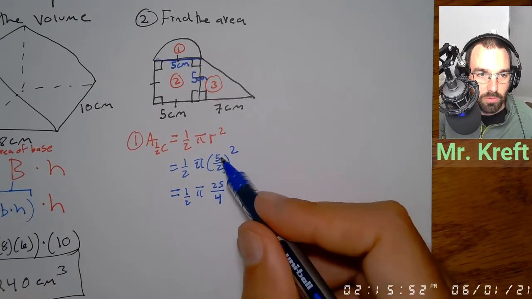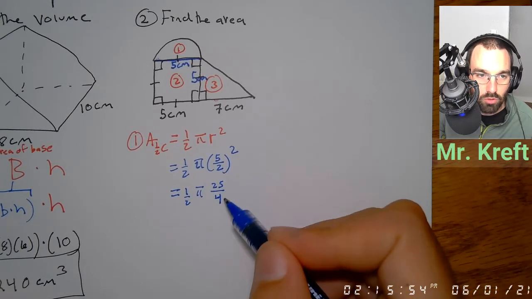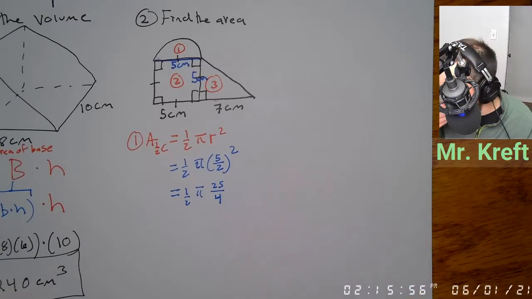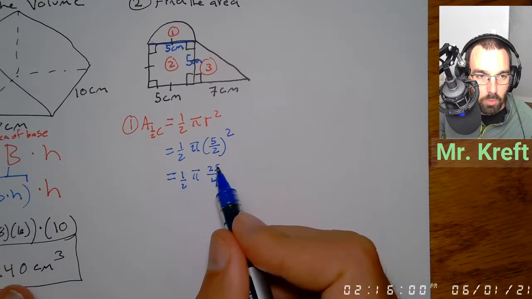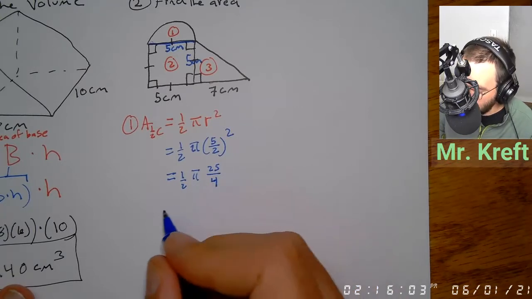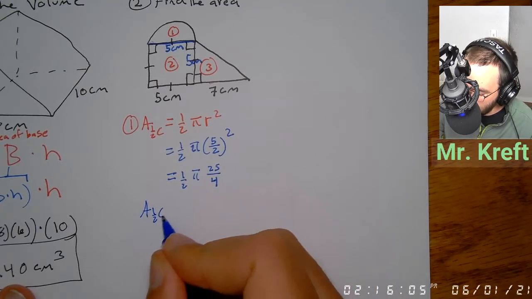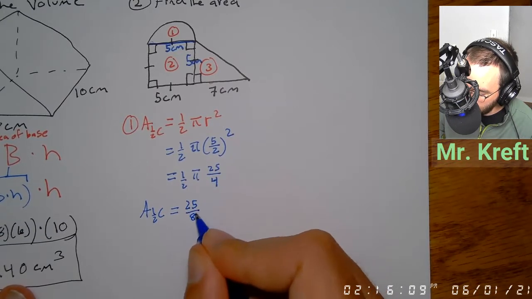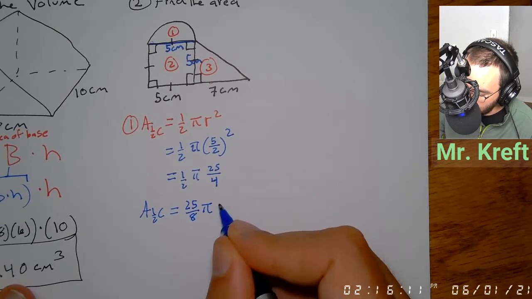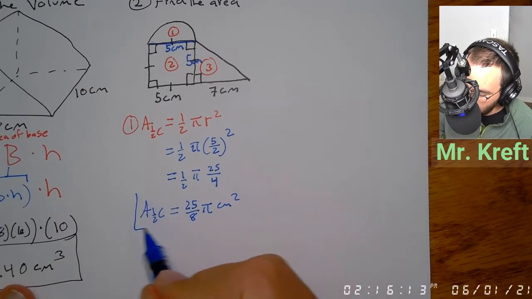So 5/2 squared is just 5 times 5 and 2 times 2. So I get 25 over 4. And then 1/2 times this, well, you just multiply the top by 1 and the bottom by 2. So I get my area of 1/2 a circle is 25/8 pi and then centimeters squared.